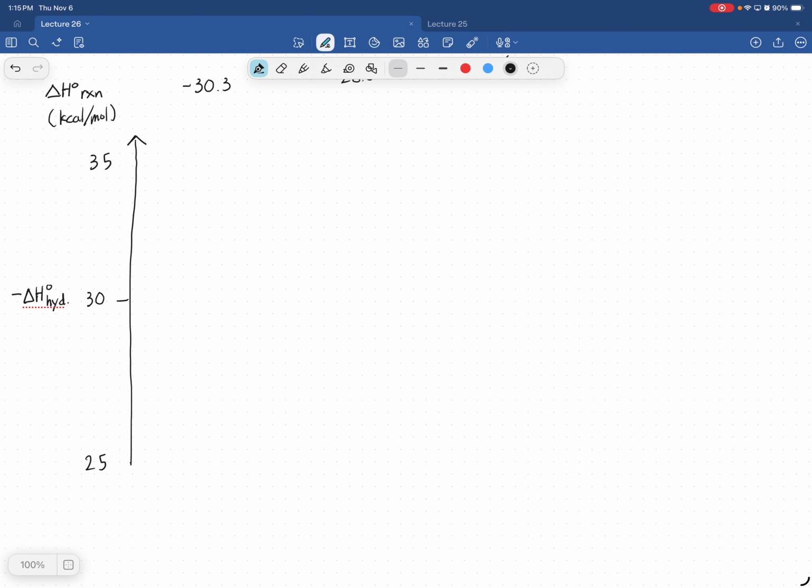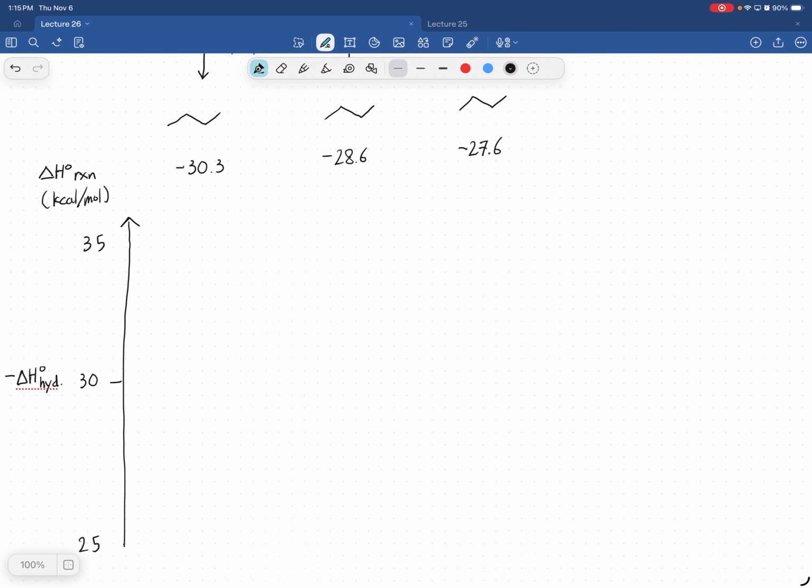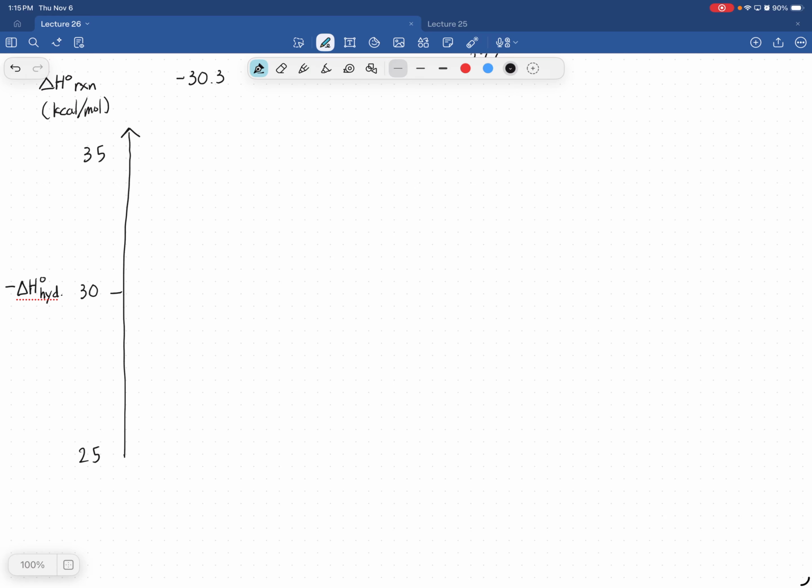All right. So if we have no R groups, your alkene is going to be right here. All right, so this will be around 32.6. Okay, so 32.6 right there.